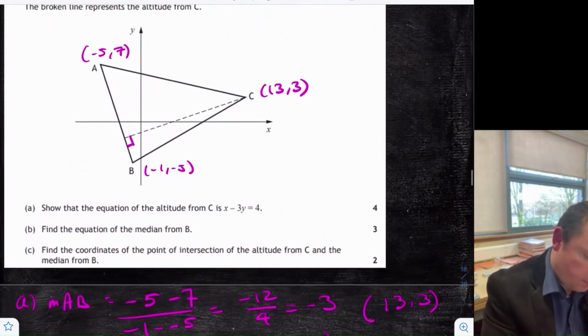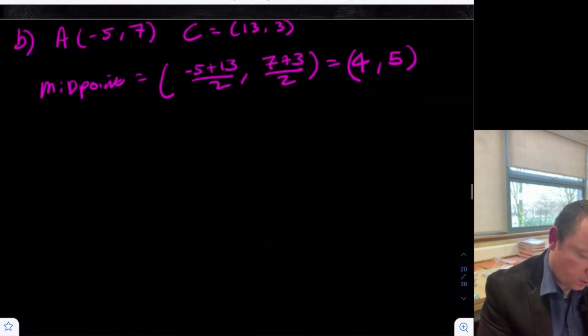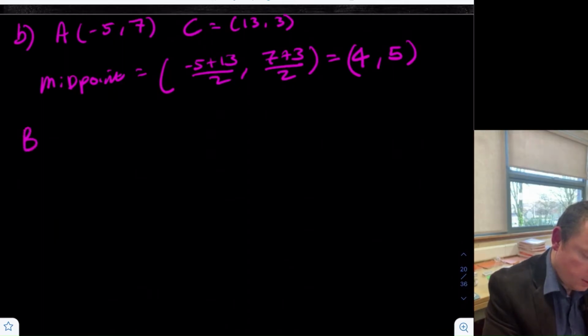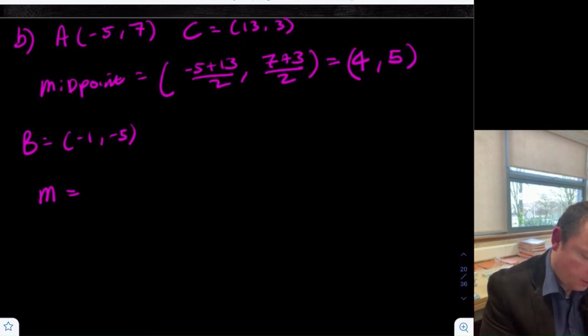So if I call our midpoint M, then the gradient between M and B. B is -1, -5. So our gradient is equal to y2 minus y1 over x2 minus x1. So just call that x2, y2 and x1, y1.